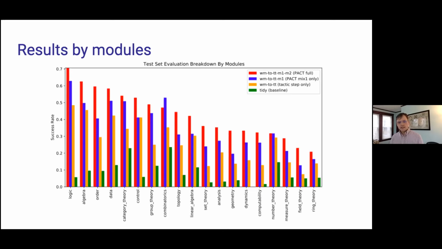And green is a baseline where we use the tidy tactic built into Lean, but we beefed it up a little by also making it behave as a breadth first search. You'll see that in some areas like logic we do very well. In other areas like ring theory, field theory, and measure theory, it can still prove 20% of theorems, which I think makes it a useful tool to users nonetheless, but it doesn't have the same level of performance.